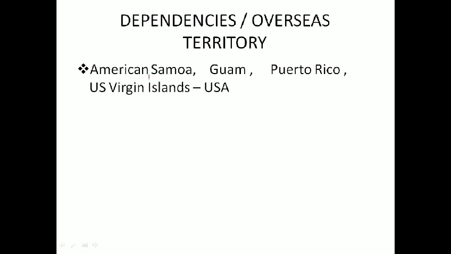Now let us see for USA: American Samoa is one dependency, Guam is one dependency, Puerto Rico is an overseas territory, US Virgin Islands is one overseas territory. Now you understood why Puerto Rico.